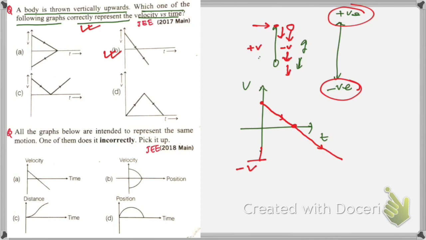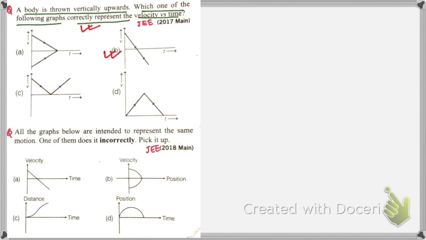Here you can see this one. All the graphs below are intended to represent the same motion, okay? One of them does it incorrectly. Pick it up. So here you see all the four graphs are drawn to represent one kind of motion, and we need to pick the wrong one.